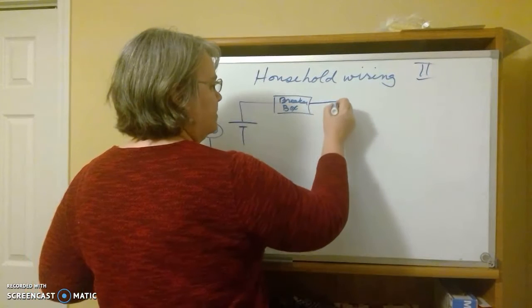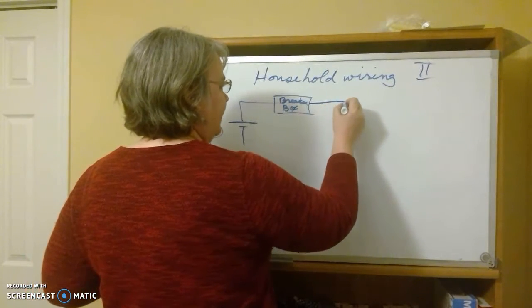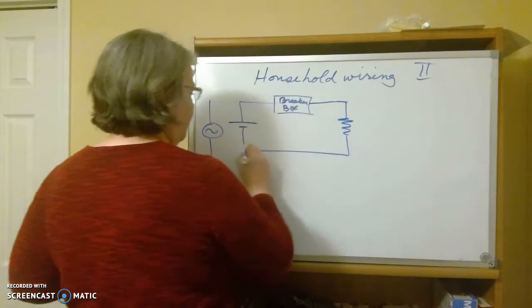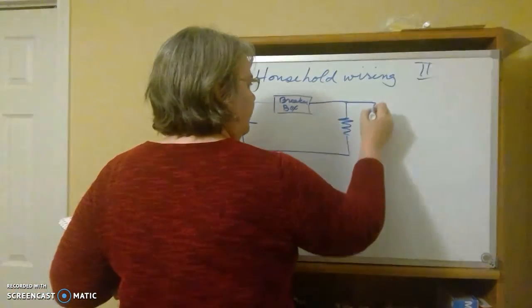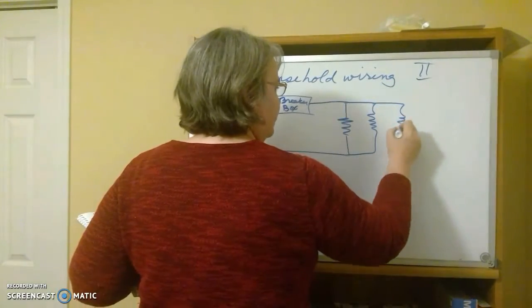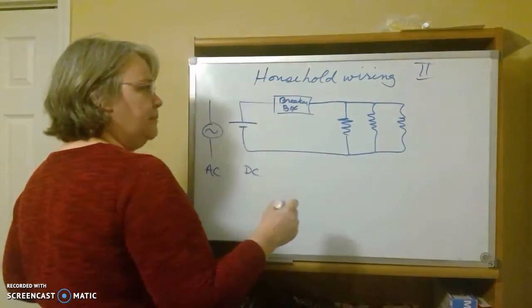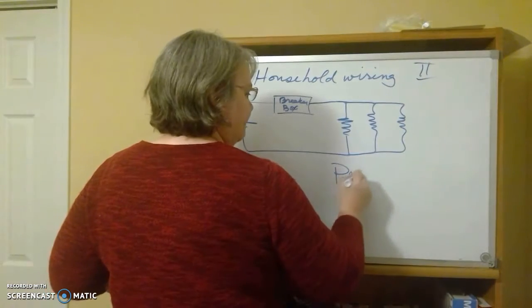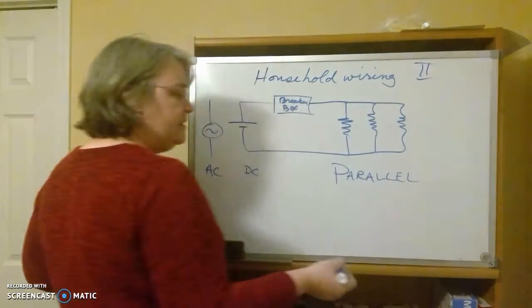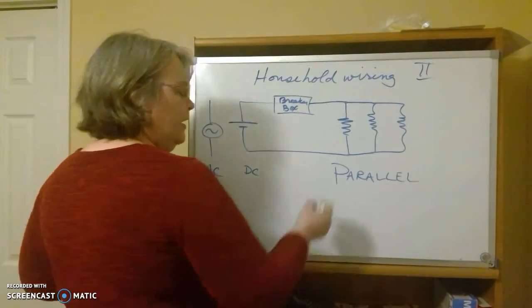After the breaker box, the rest of the wiring in the house, in the walls, and to every plug and lamp and switch and things, is on a parallel system. And the reason for this is twofold.